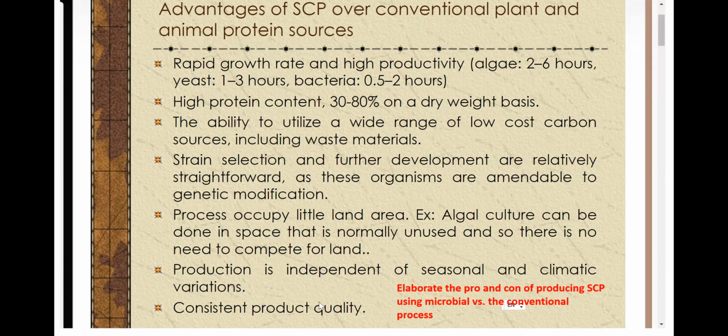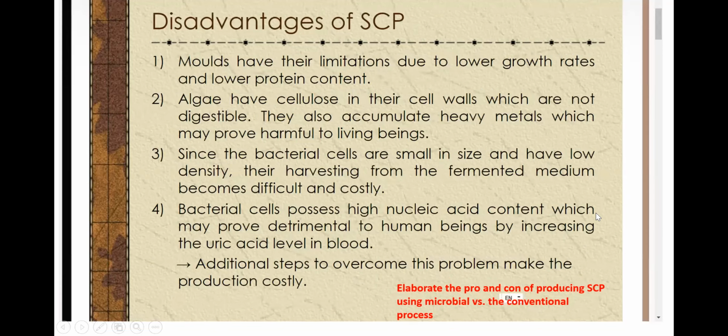And the quality produced is also quite consistent. And further on, this is replying to the same question just now, the pros and cons. So this will be the con, for example, the disadvantages of SCP.